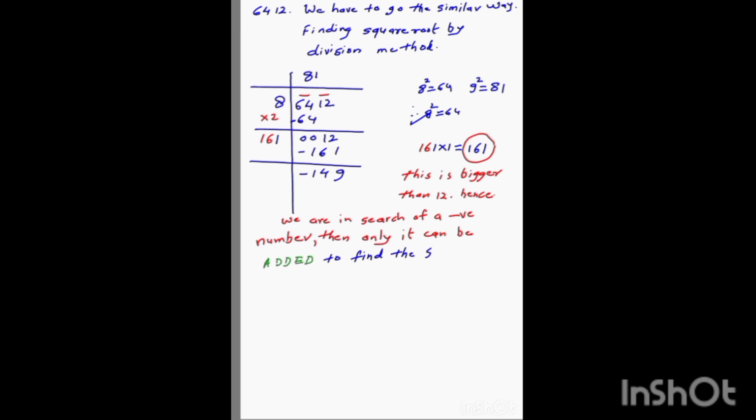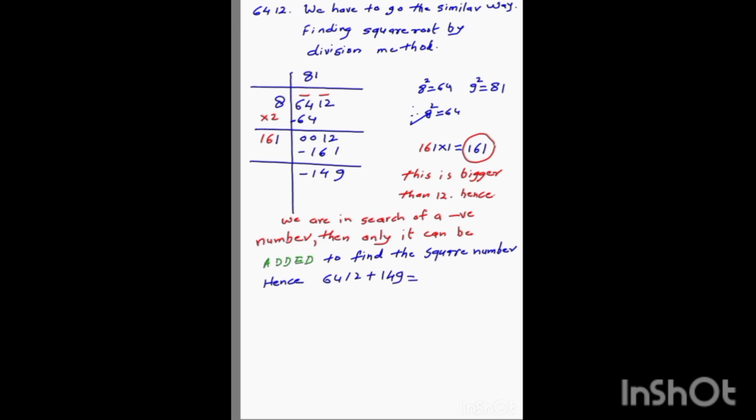In case of subtraction, that much is more than what we are subtracting. Here in this case we are adding it, to find a perfect square. Hence 6412 plus 149.